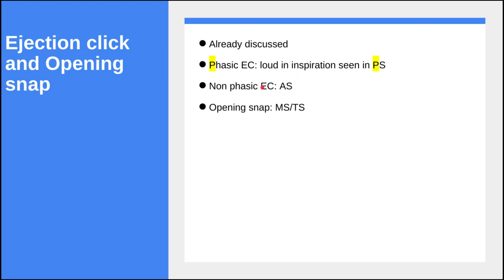There will be no respiratory variability. So phasic ejection click will be seen in pulmonary stenosis, and non-phasic ejection click in aortic stenosis. Then opening snap will be heard in mitral stenosis and tricuspid stenosis.